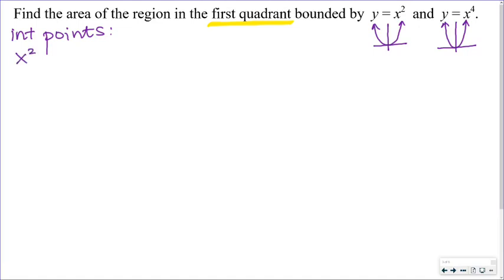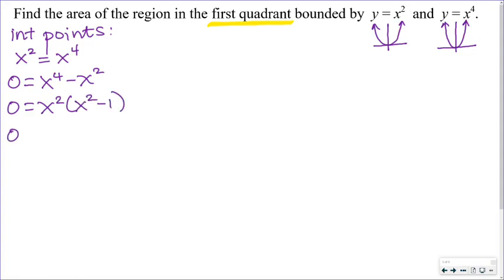X squared equals x to the fourth. I can move everything over to one side and factor. And then I can further factor x squared minus 1 into conjugates, x plus 1, x minus 1. And so I get 3 values for x for intersection points.